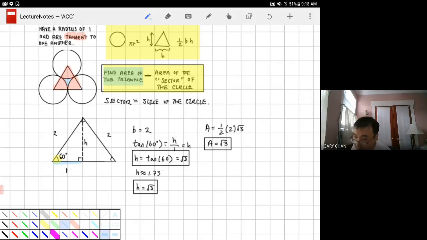This concept of a sector has not been introduced to you yet, although with a little bit of logic, each and every one of you should be able to figure this out. So how can I figure out the area of the sector? I'm going to draw a circle and try to recreate that highlighted area in pink.